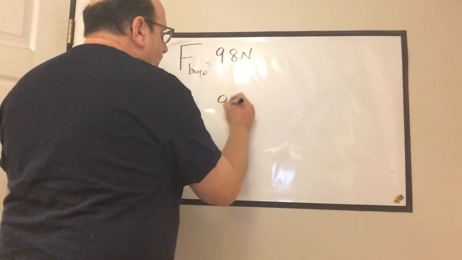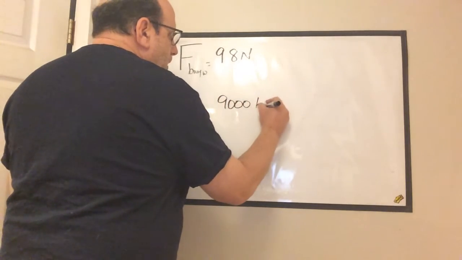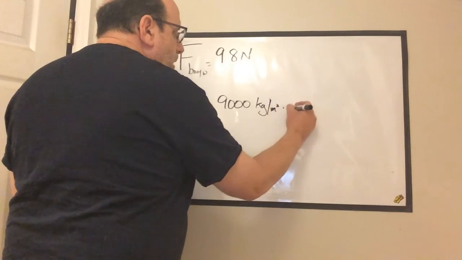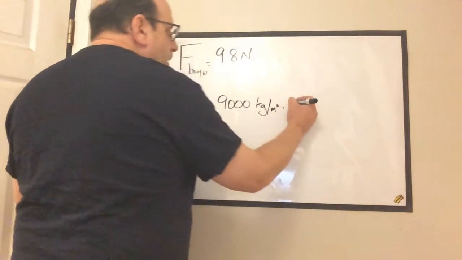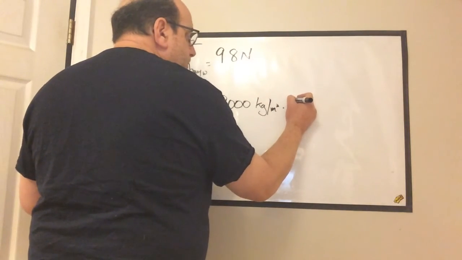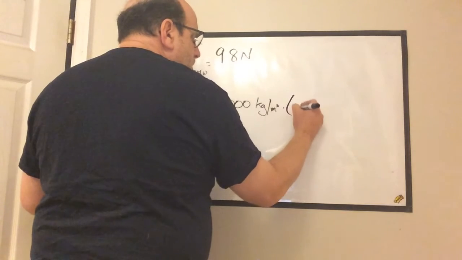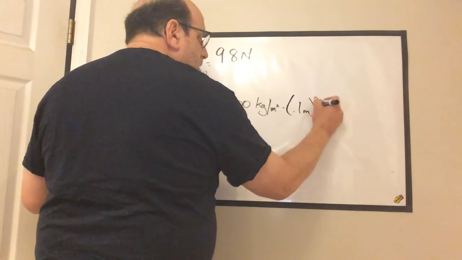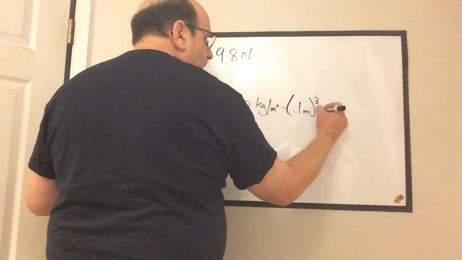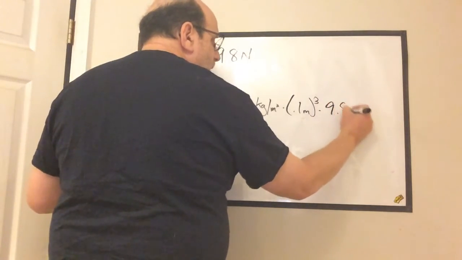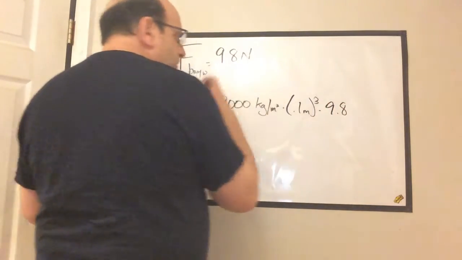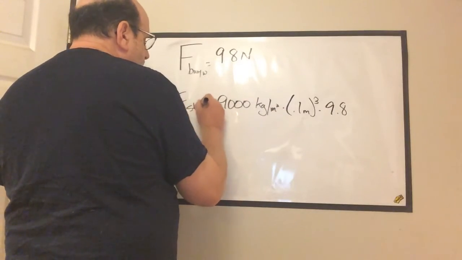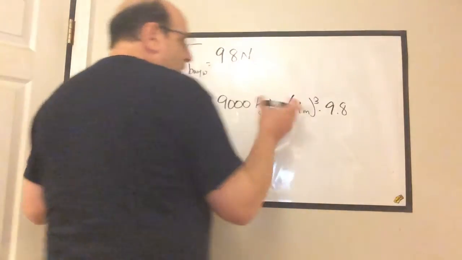It's going to be 9,000 kilograms per meter cubed times that same thing, which is 0.1 meter cubed, and then times 9.8. And so we're going to get the force of this object. This is the force of the steel. And we're going to do it the same way.